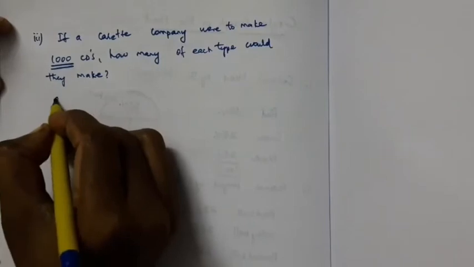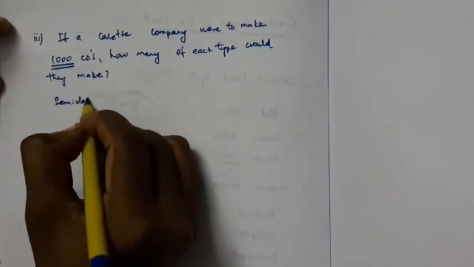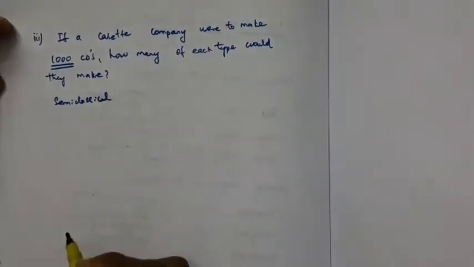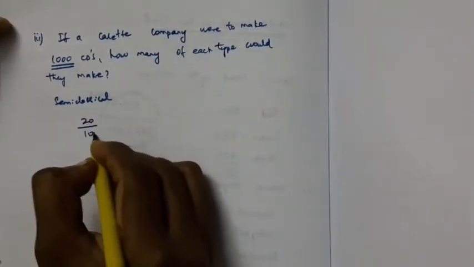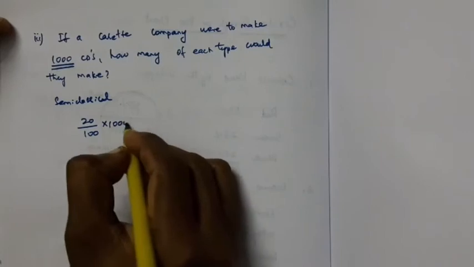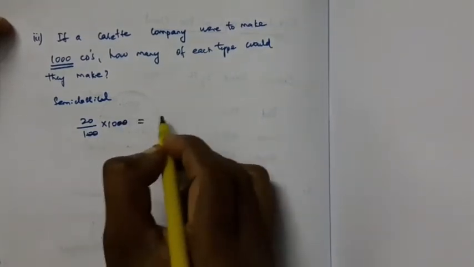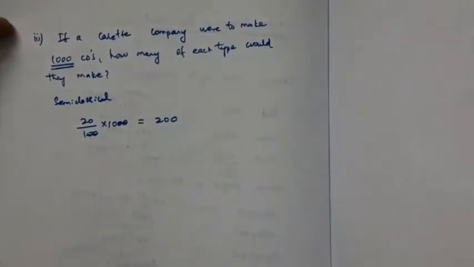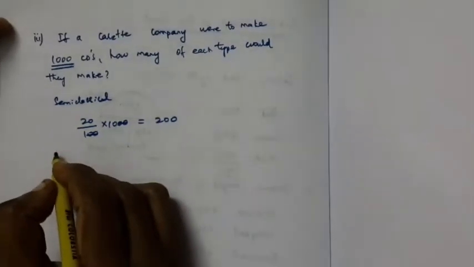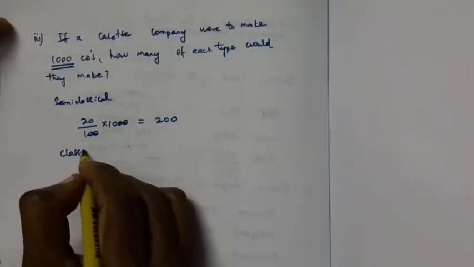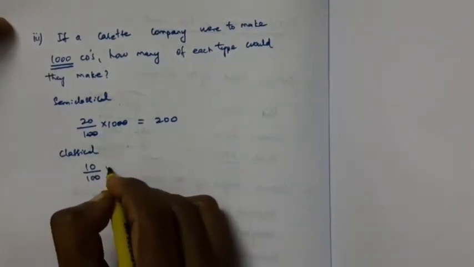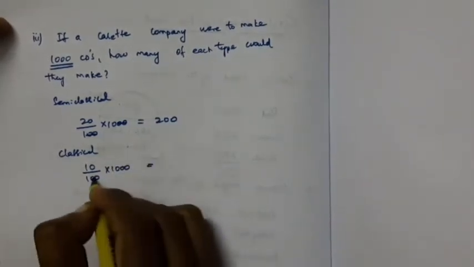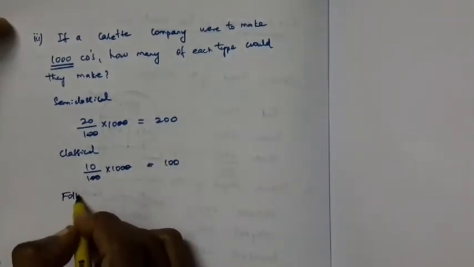We start with semi-classical. They have given us 20%. So 20 divided by 100 multiplied by 1000, that is 200. Next we go for classical. Classical is 10% multiplied by 1000, that is 100. Next is folk.